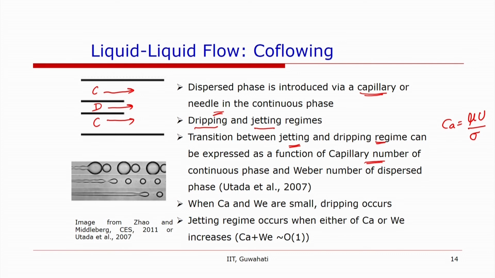They have suggested that when the capillary and Weber numbers are small, so when velocity is small, dripping occurs, as we have seen for the flow focusing devices, and jetting occurs when either of them increases.